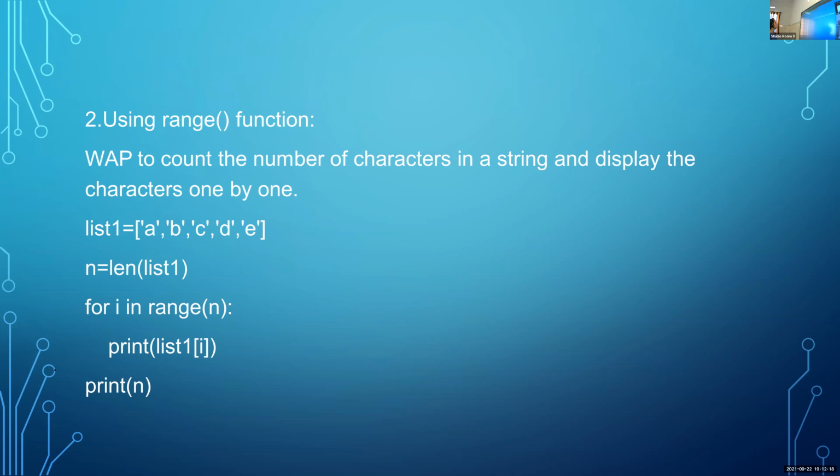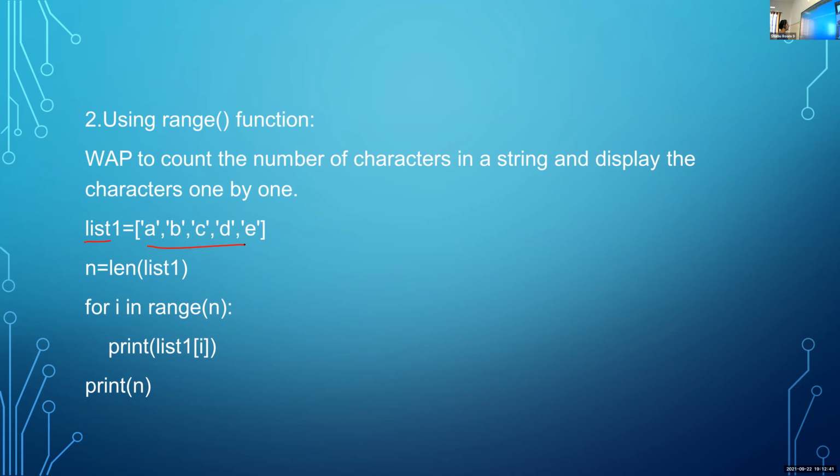Here, list1 is equal to A, B, C, D, E. So the content of list1 is A, B, C, D, E. Then n is equal to len of list1.